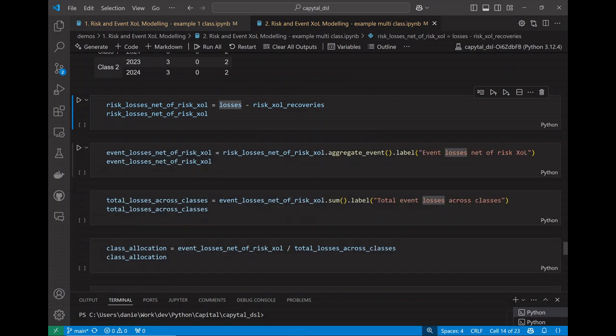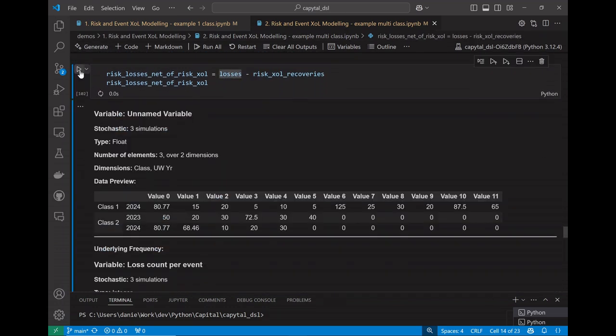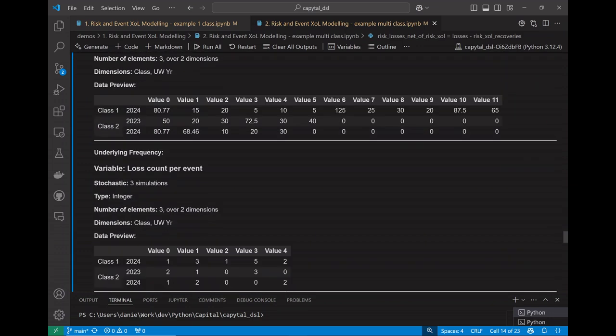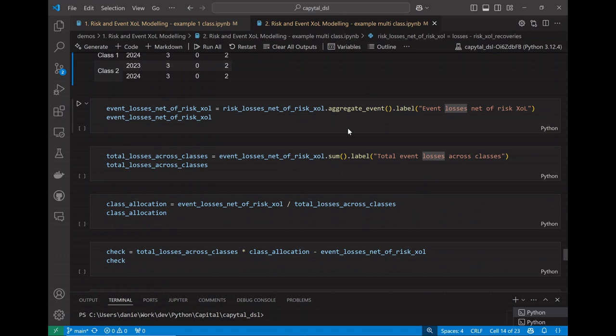We can then think about moving on to the event excess. Now, this is again a time where we have to think about what it means to have multiple classes. So as before, we're going to need to aggregate into the event, so we can do away with the individual risk loss granularity at this point and aggregate into the events.